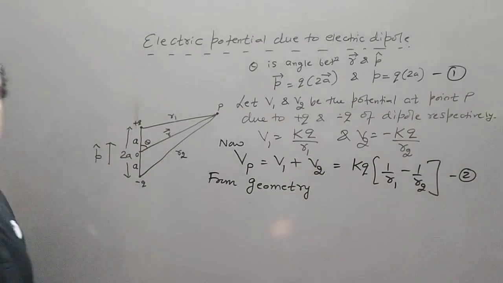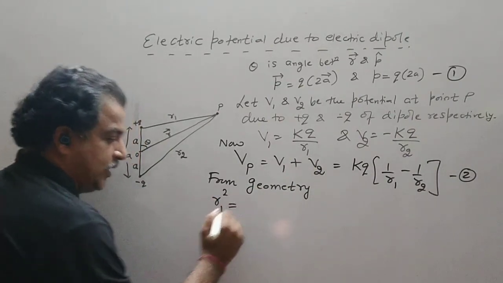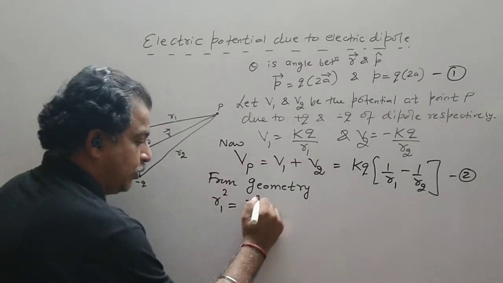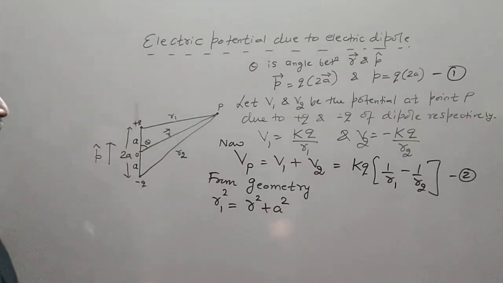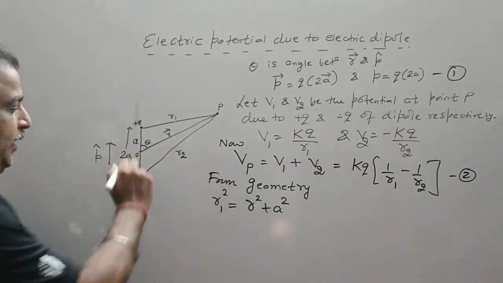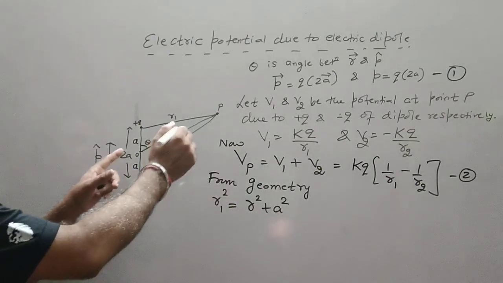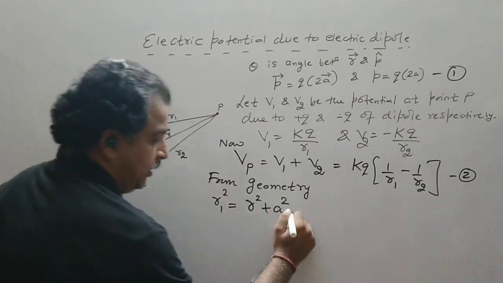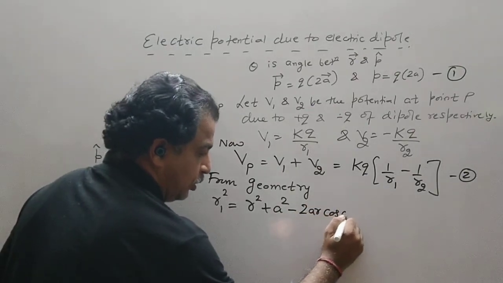But here we are not writing the method. Directly from geometry, R1 square is equal to R square plus A square, that is if this theta is 90 degrees, point P is here, it will be the Pythagoras theorem. Now since it is an angle theta, minus 2AR cos theta.